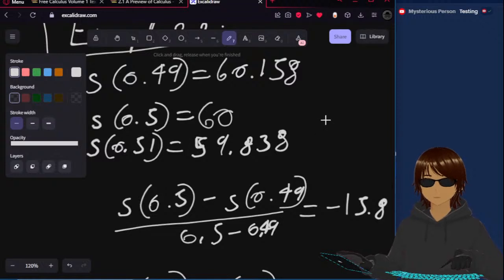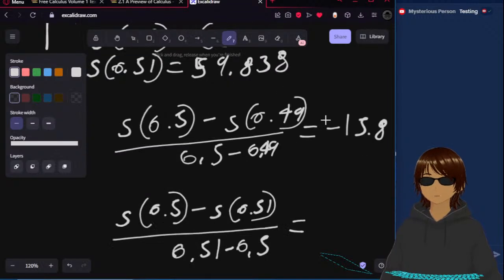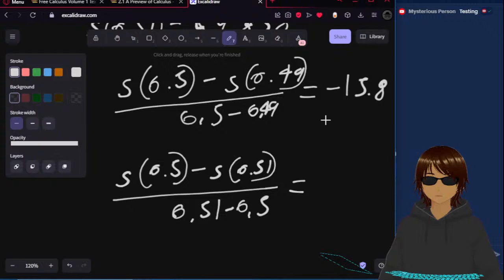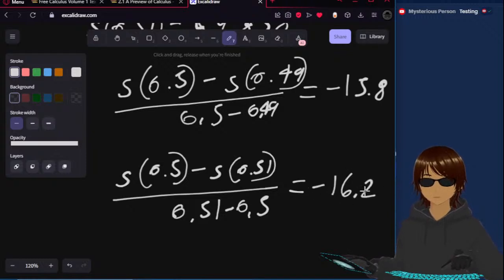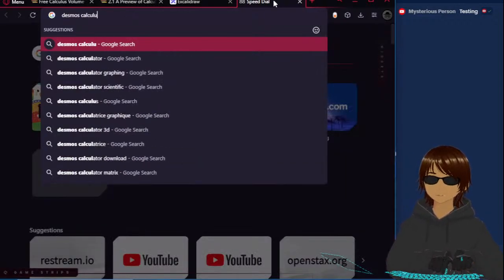This is a 5. Hold on. Minus 16.2. I think instead of using my calculator, I should just do it on screen.